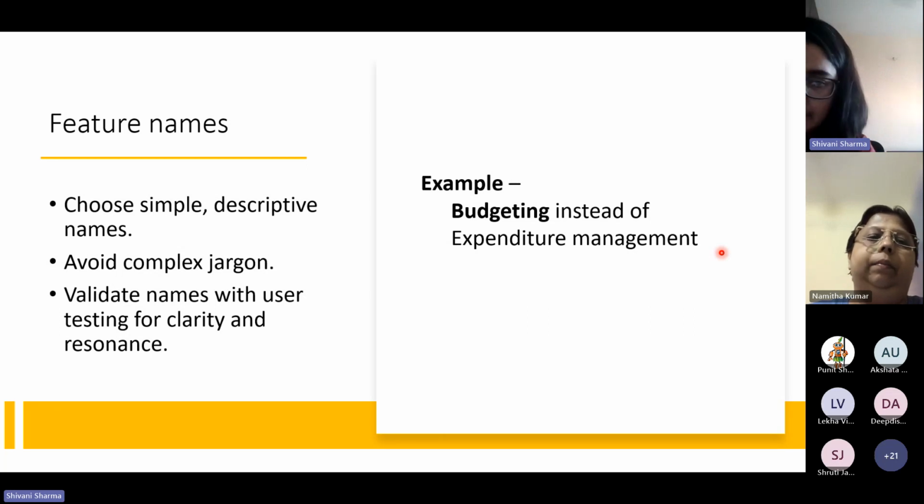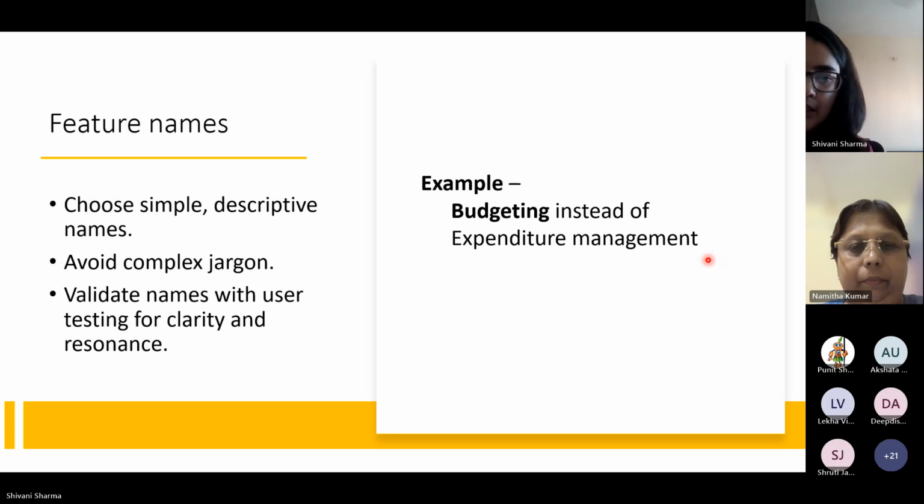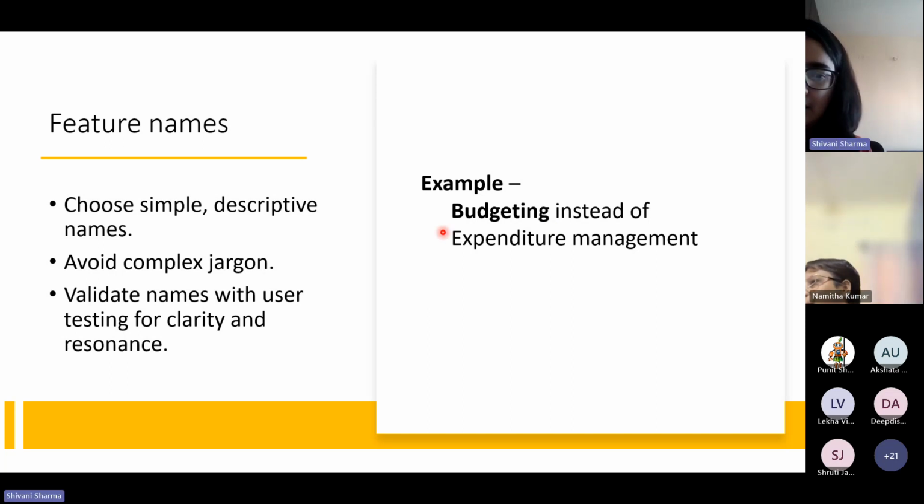Instead of saying expenditure management, which is what the actual requirement was from the customer, we can just go for something like budgeting. Budgeting is easy, everybody knows what it means, and it is light to read. So go for feature names that are simple and easy to read and understand.